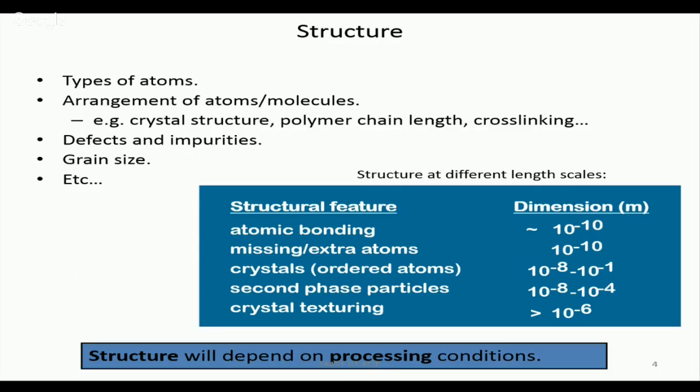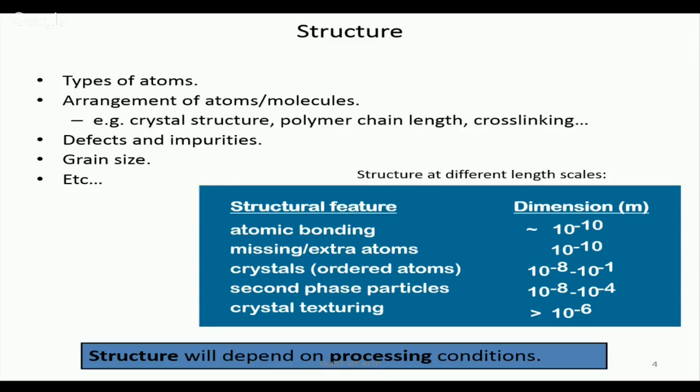As we know about the structure, I think this slide is almost a secondary or school subject. Any of the materials are composed of atoms. There could be many different types of atoms, and atoms arranged together form molecules, right?